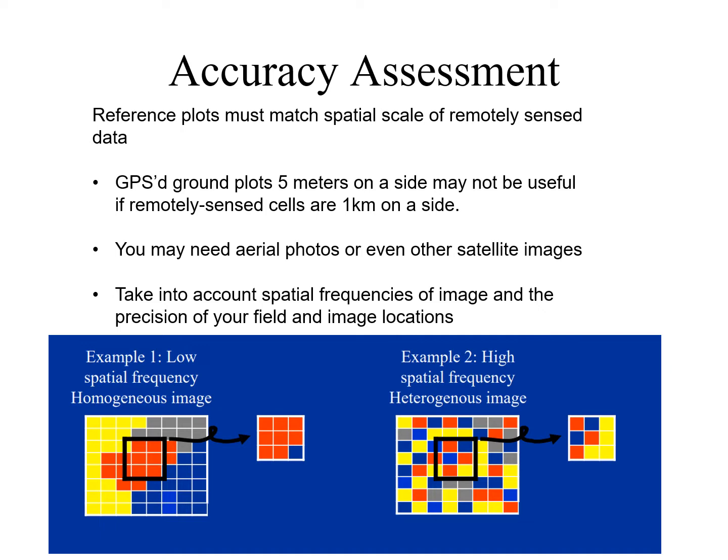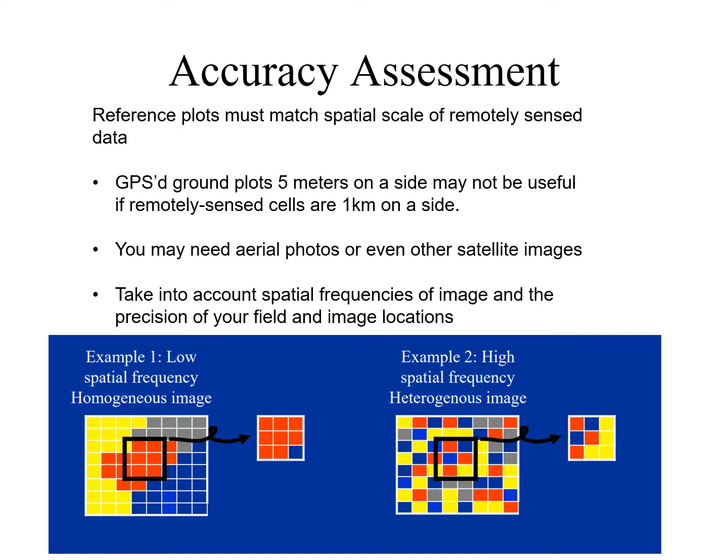But because high spatial resolution imagery has become so much more available, and many things that you're interested in, like species composition and tree cover, are discernible from this high resolution imagery, many times we're talking about doing accuracy assessment from photos and not from field data.